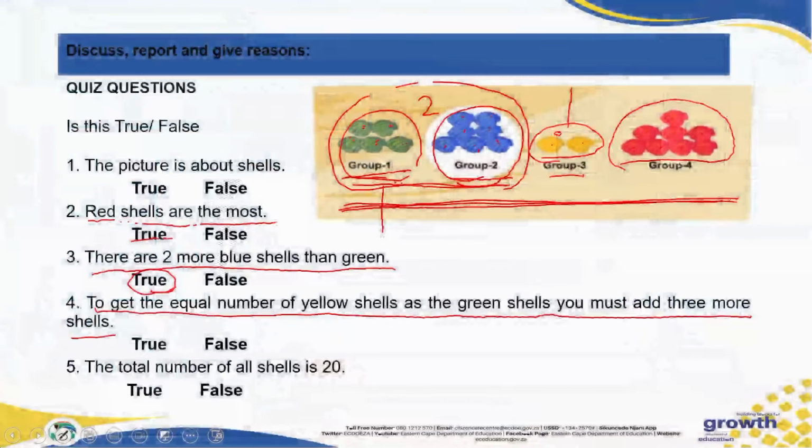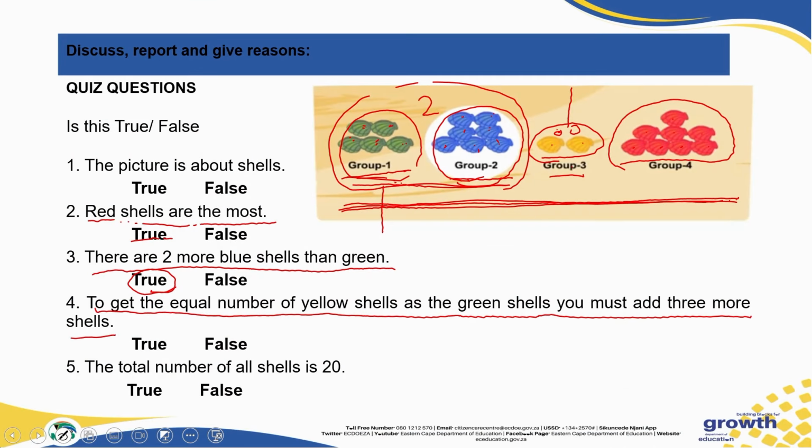Let me hear from you, great ones. Yes, it is correct. We have to add 3 more. Let us show. 1, 2, 3. So there are 5. 1, 2, 3, 4, 5. Now let us go to our statement and see whether we are correct.